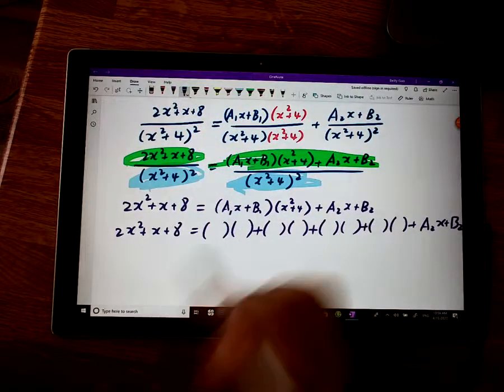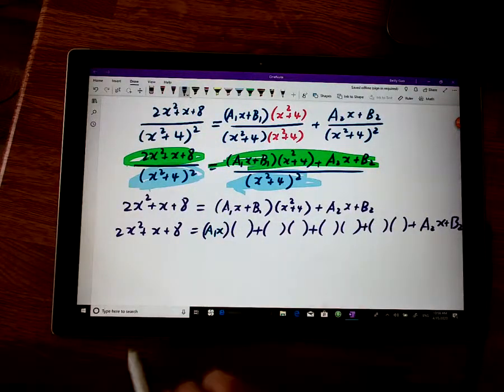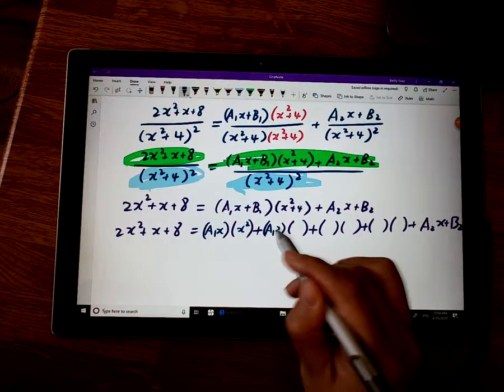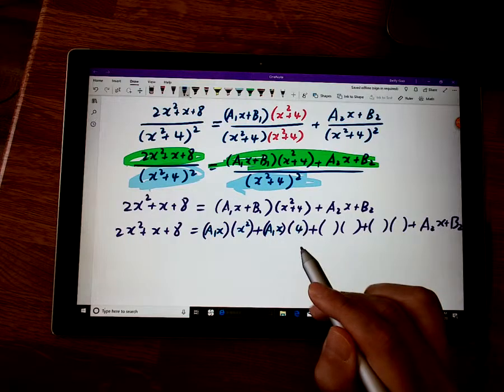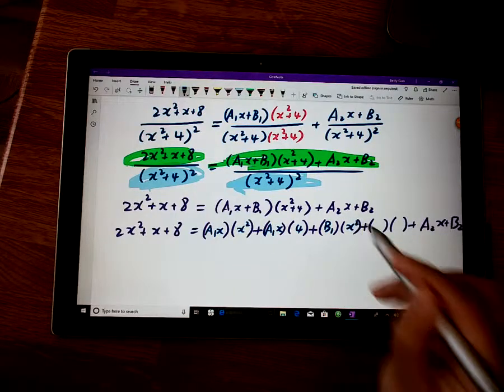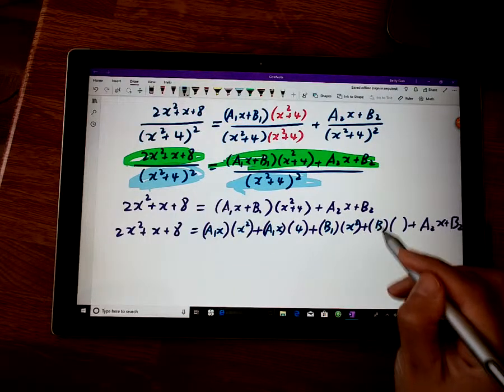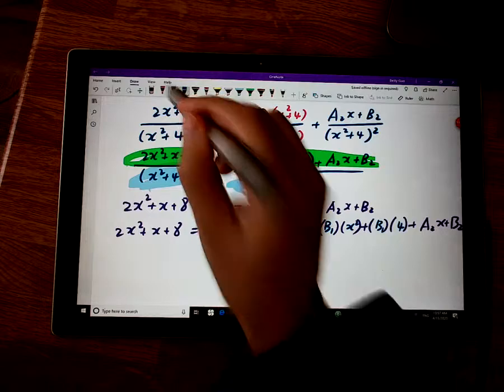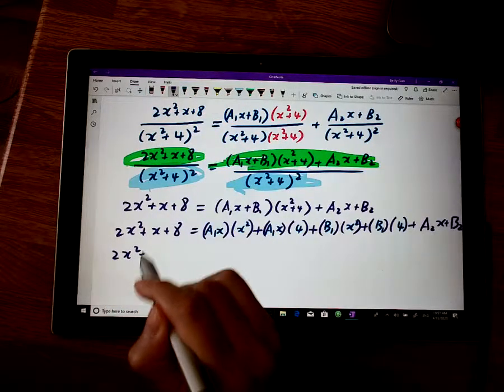First, a1 x times x squared, outside a sub 1 x times 4, inside b sub 1 times x squared, last b sub 1 times 4. Let me double check. Okay, so let's reorganize everything on the right hand side.